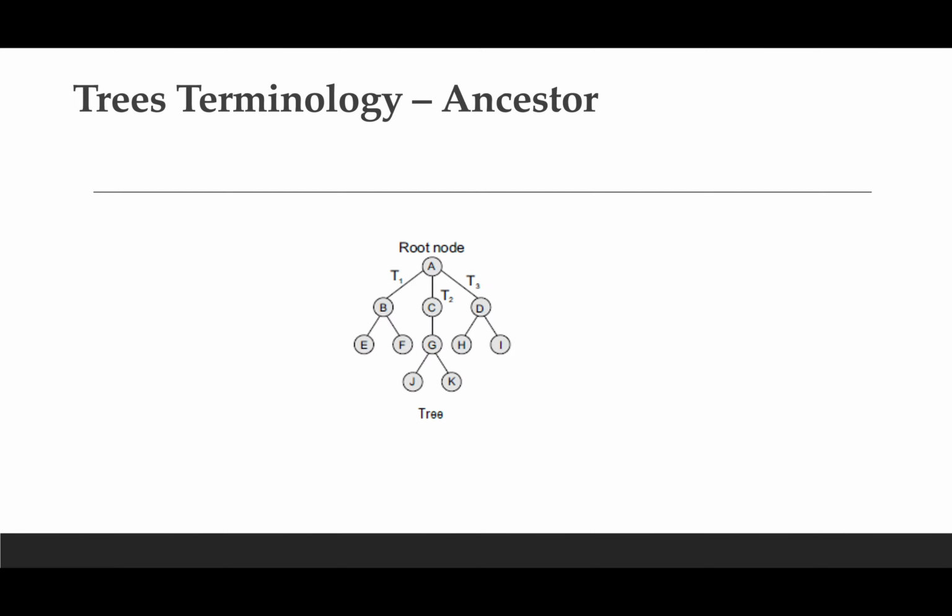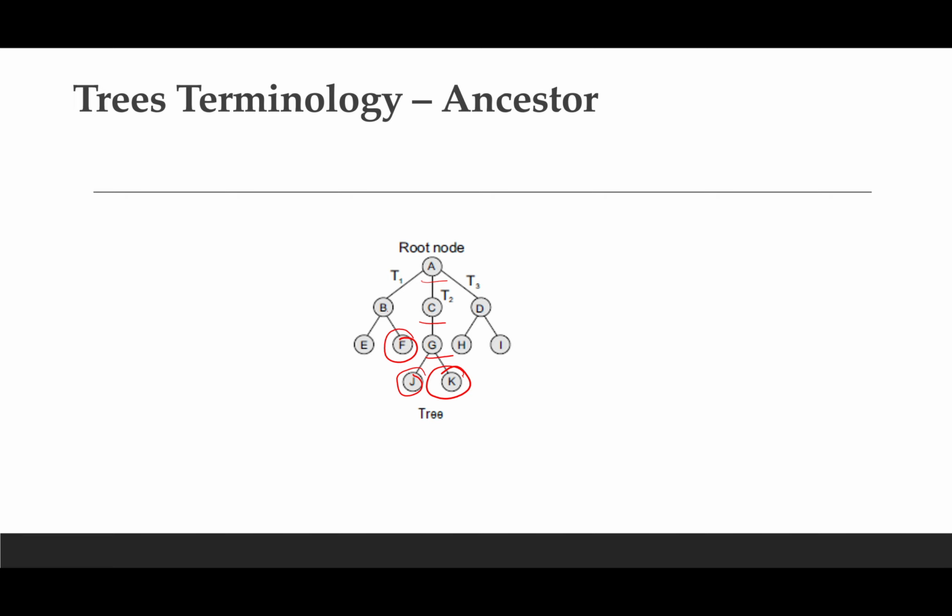For example, A, C and G are the ancestors for K. What are the ancestors for J? A, C, G. What are the ancestors for F? B and A. So an ancestor of a node is any predecessor node on the path from the root to that particular node.